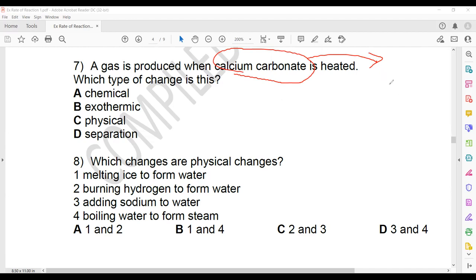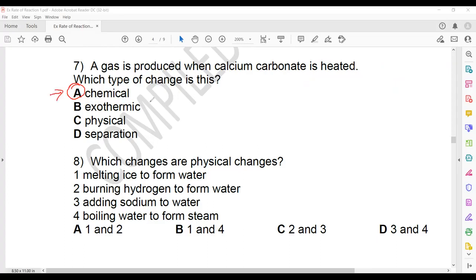So is this change physical or chemical? Because a new substance is formed, the gas given off when calcium carbonate is heated is carbon dioxide. That's why we call that a chemical change.